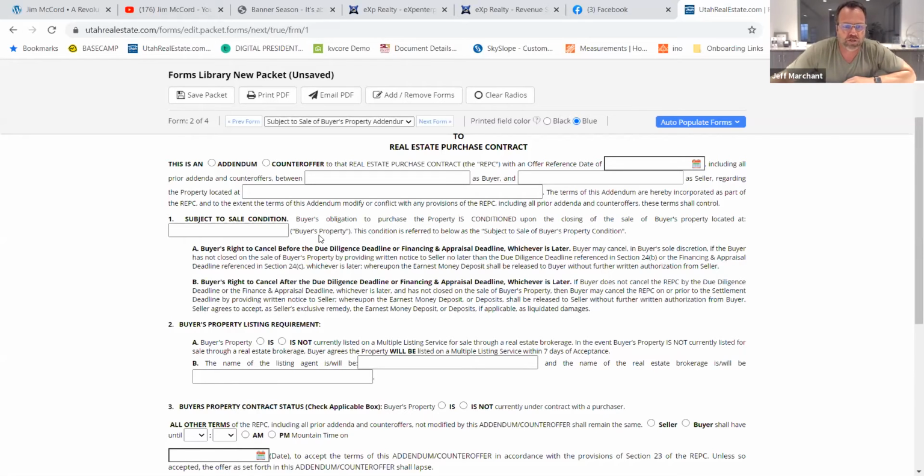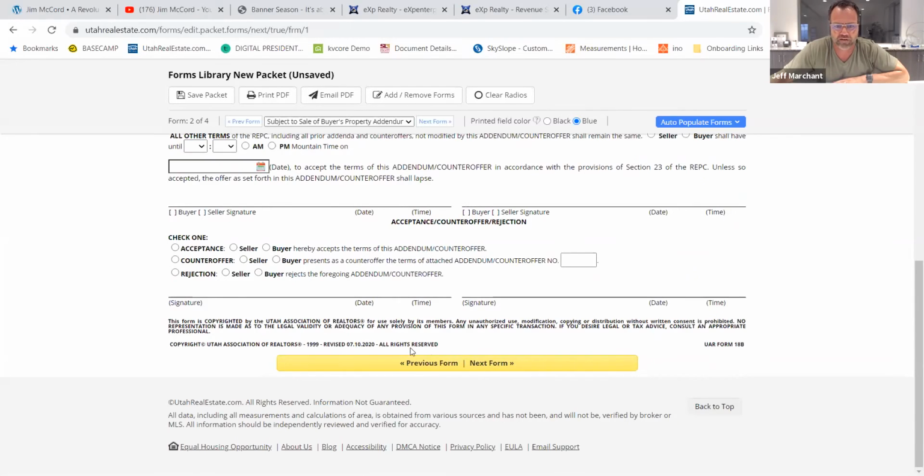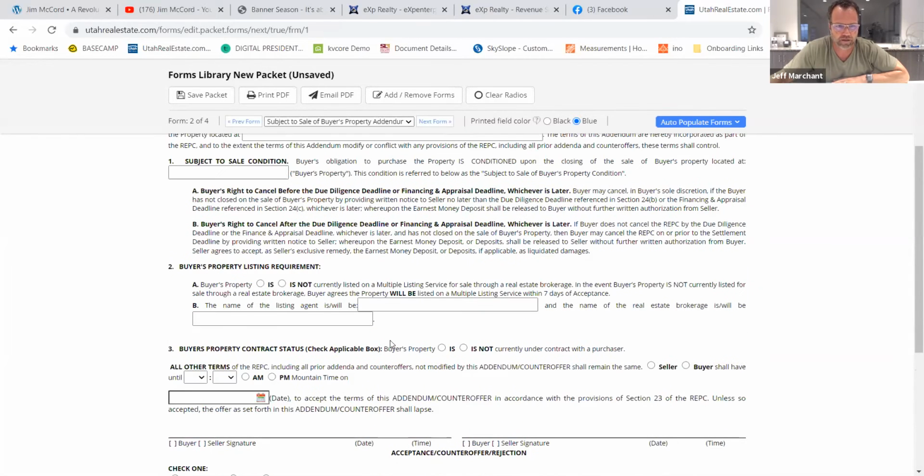But as I was looking at this, and again, we're going through it for the first time because I just pulled it up and noticed this is another updated form that I have not used since July. It says the buyer's right to cancel before the due diligence deadline, okay? Or the financing appraisal, whichever is later.